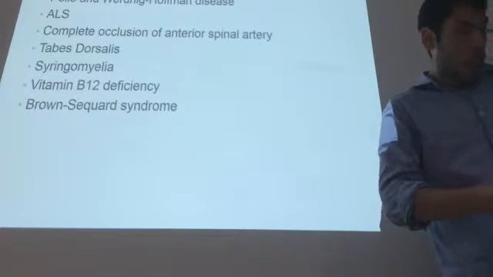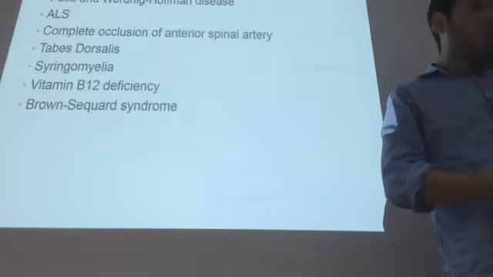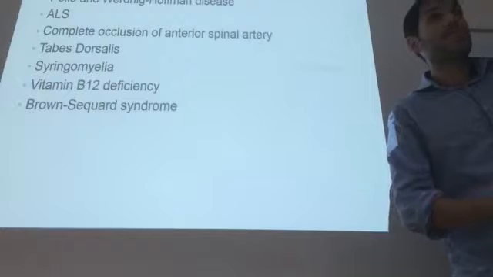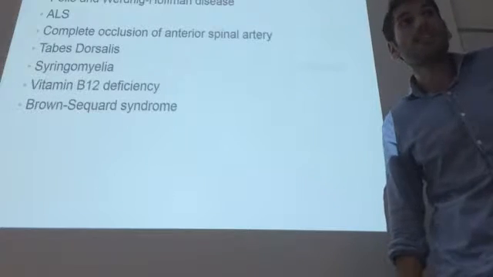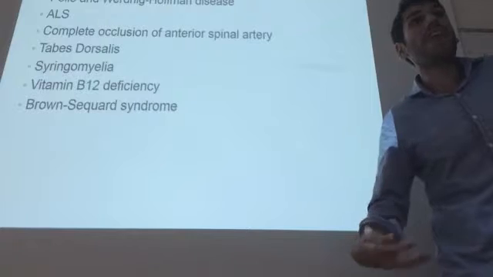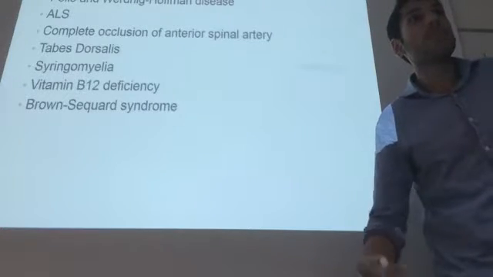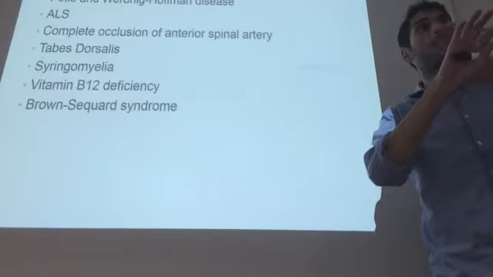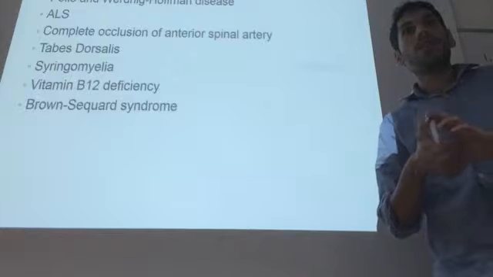Since I'm stabbed right here, it's going to affect the pain and temperature sensation of my right leg. Despite being stabbed on the left side, I'm going to lose pain and temperature sensation on which leg? My right leg. Do you guys understand that? Do you feel pain on the dermatome though, or where you get stabbed?